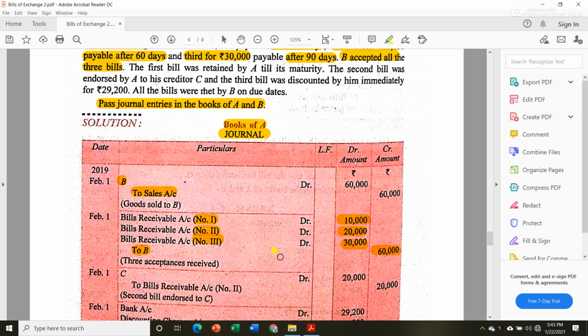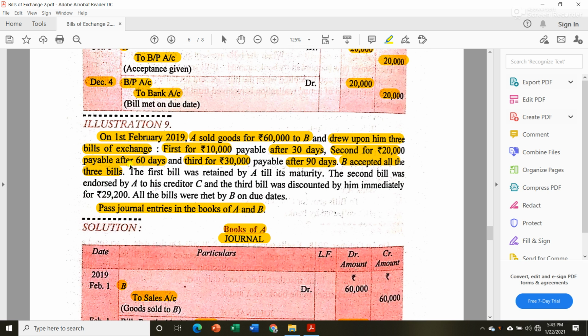Now further, let us see what information is given. The first bill, that is bill number 1 of rupees 10,000, was retained by A till its maturity date. Then the second bill was endorsed by A to his creditor C. So the second bill worth rupees 20,000, he gave it to creditor C. And the third bill was discounted by him immediately for 29,200.